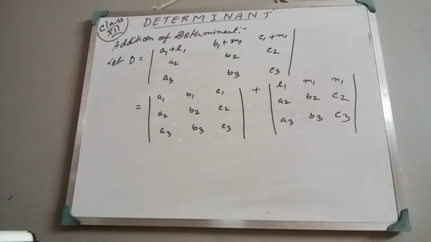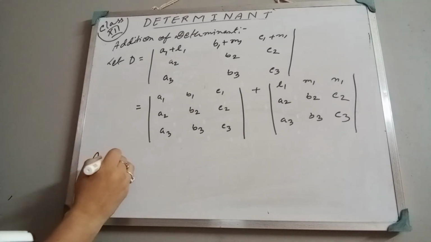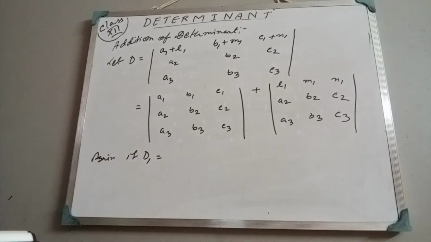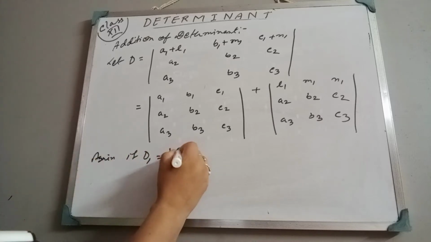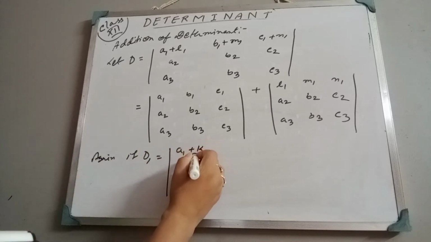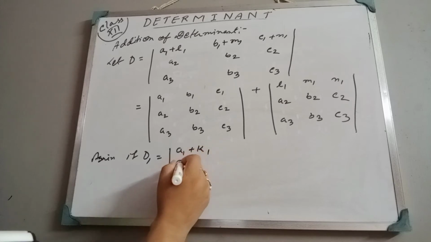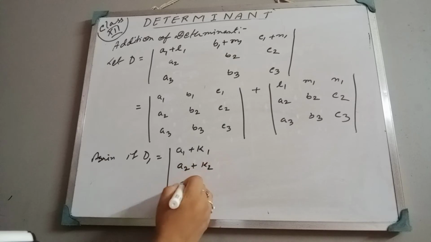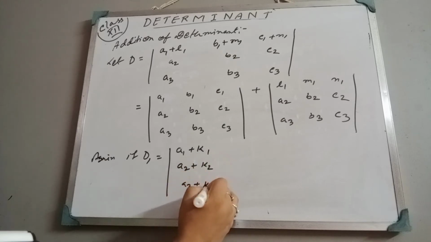Again, if the first determinant D1 is written in this way, say only the first column is written in addition form. Two terms added here: A2 plus K2, A3 plus K3.